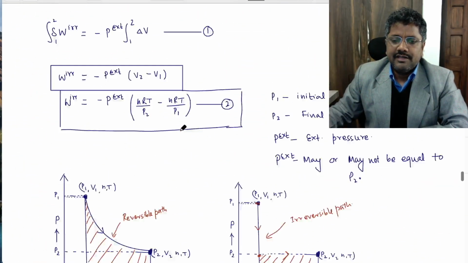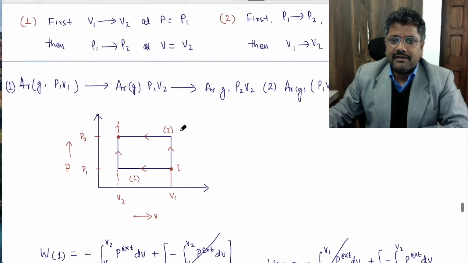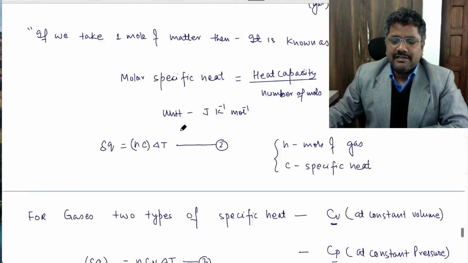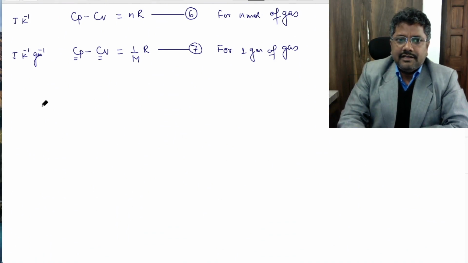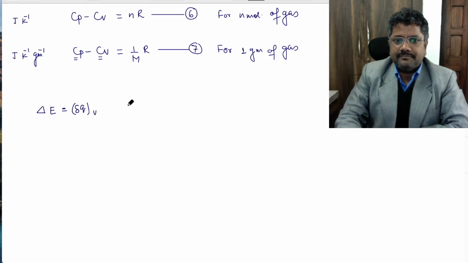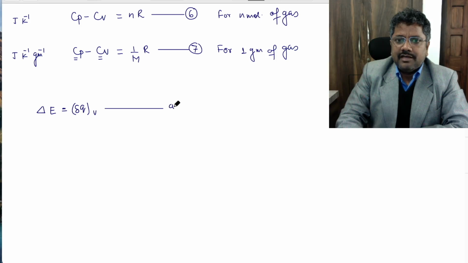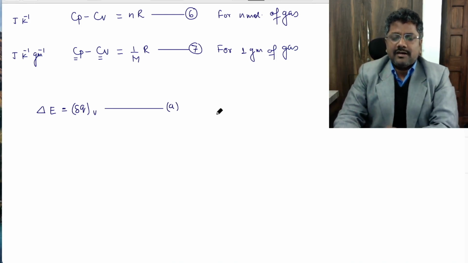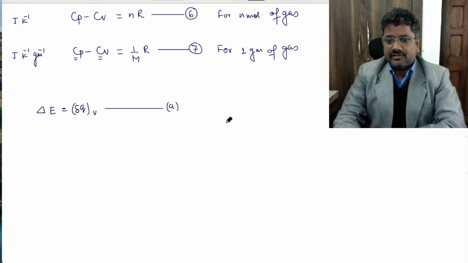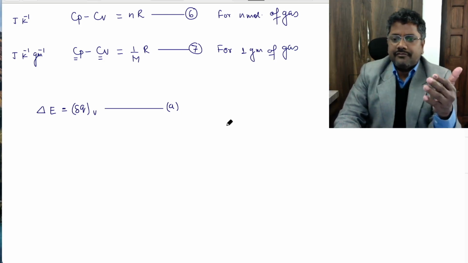So the internal energy of any system is defined as delta E equals delta Q at constant V. This formula is applicable everywhere, and we can say this is a master formula, but not for chemical reactions. I am taking a different view here.